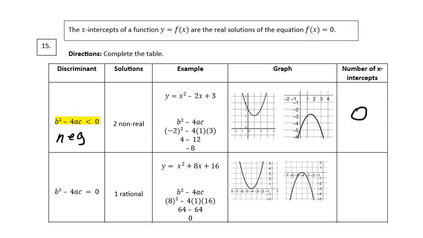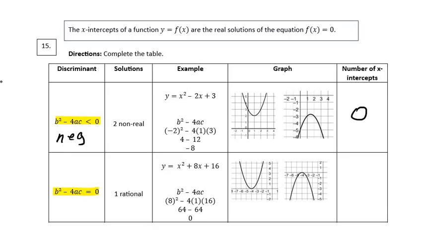If my discriminant exactly equals 0, then I'm going to have the square root of 0 when I'm using the quadratic formula. And whether I have plus the square root of 0 or minus the square root of 0, I'm still going to get negative b over 2a.